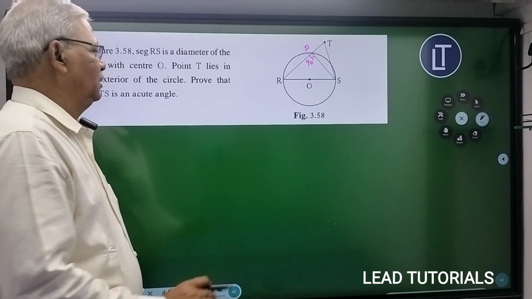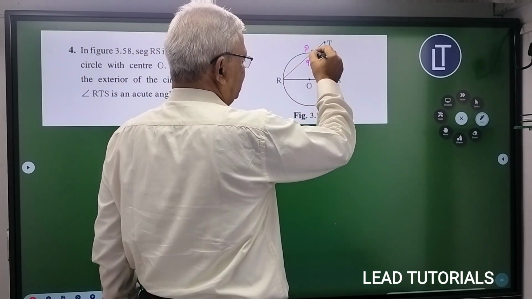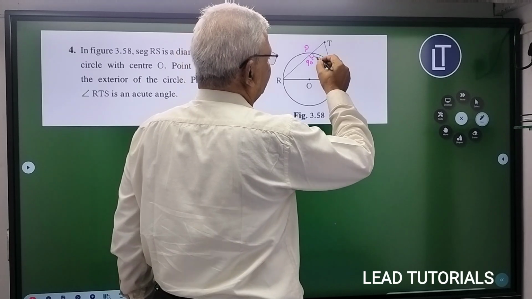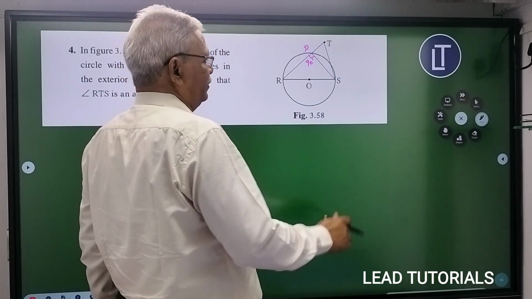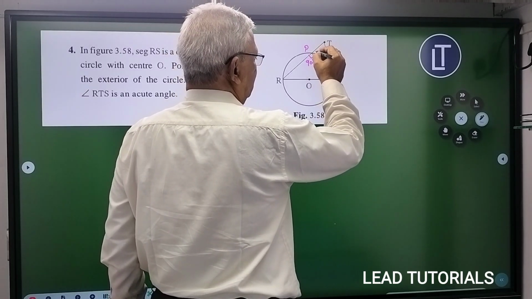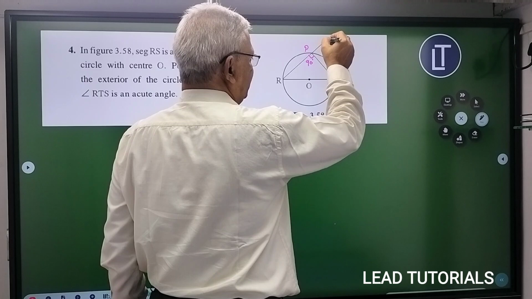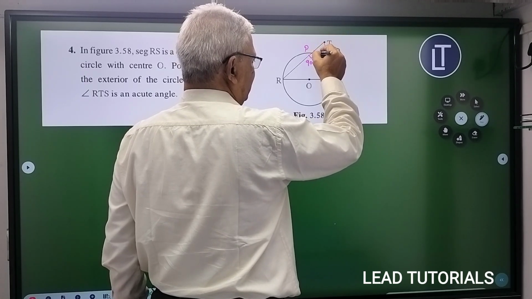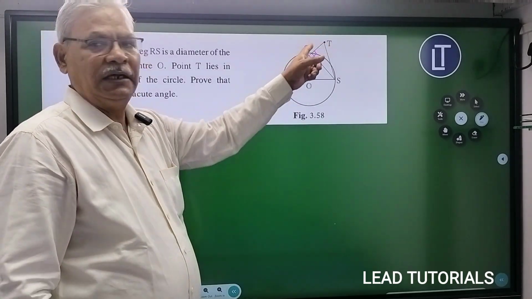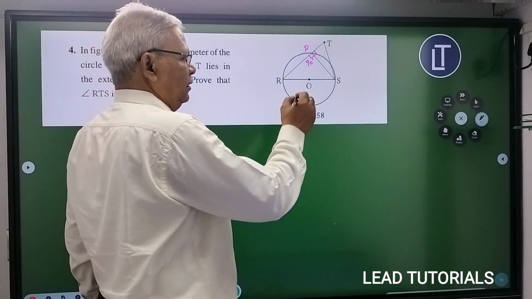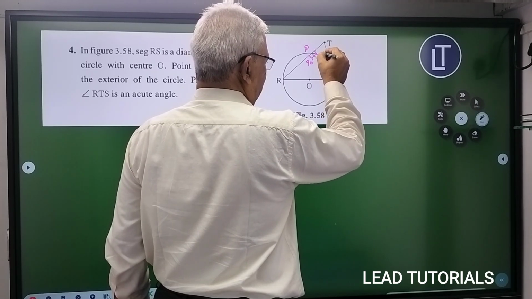Okay? Now see what will happen. First, this is 90 as per the inscribed angle theorem. Now see here, because SPT is making a linear pair, or you can say it is an angle on a line here, this angle will also be equal to 90.